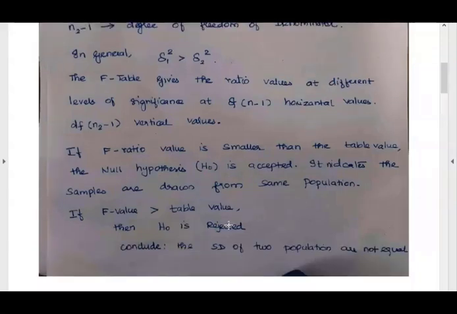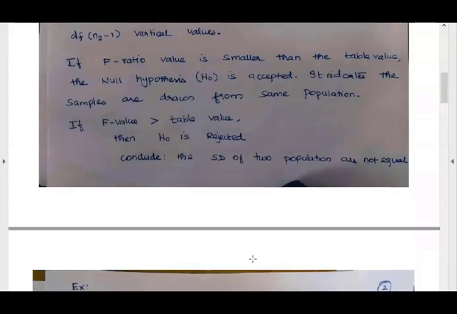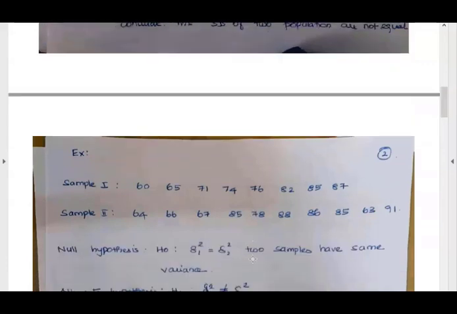If the F value is greater than the table value, then H0 is rejected, deriving the conclusion that the standard deviations of the two populations are not equal. So this is the basic definition behind the F-test. Let's see an example problem.